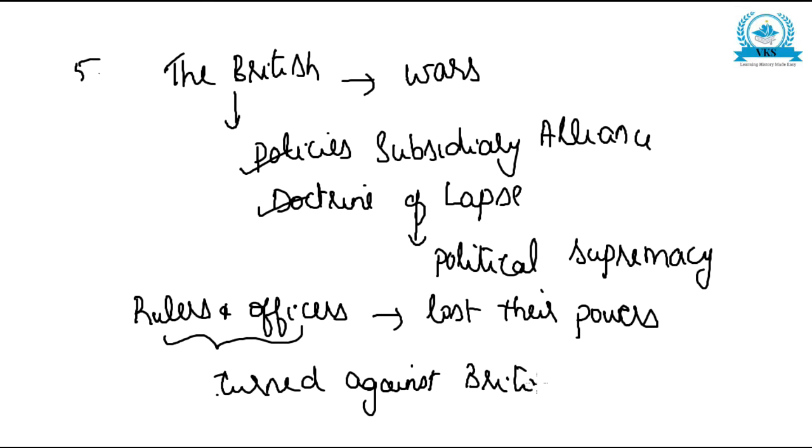So the British waged a series of wars and followed policies like the Subsidiary Alliance and the Doctrine of Lapse to establish political supremacy over India. The rulers and officers who lost their power and prestige turned against the British. These were also reasons for the rise of Indian nationalism.